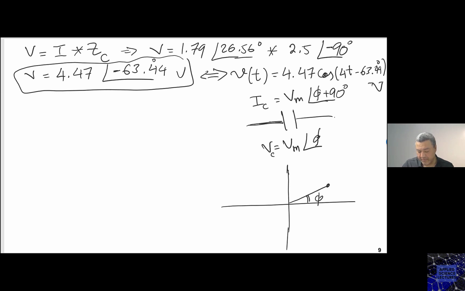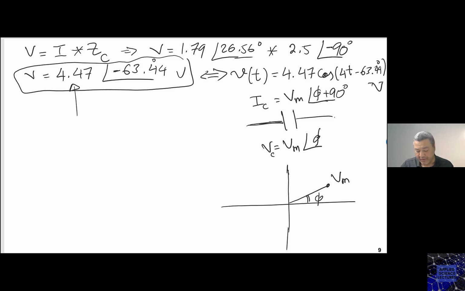this is phi. Sir, what do you mean by Vm? That's the magnitude or the amplitude of that signal, which is this 4.47 here. Okay, the voltage magnitude. Then notice the angle for the current.